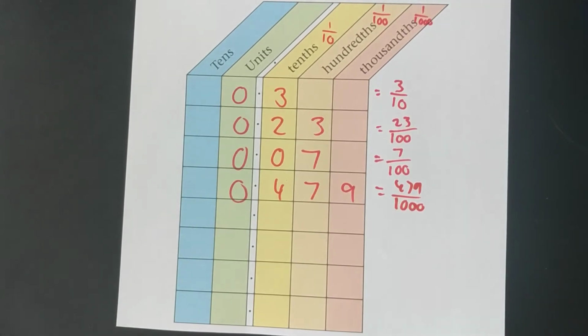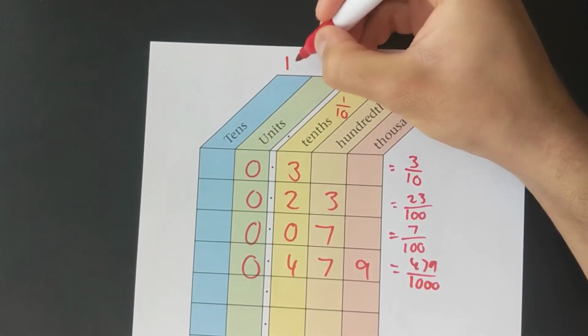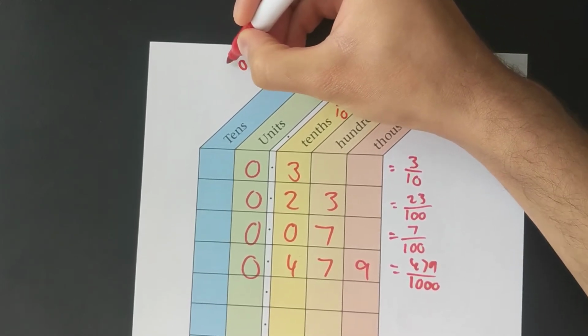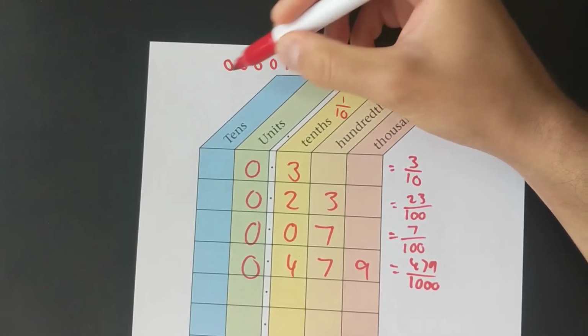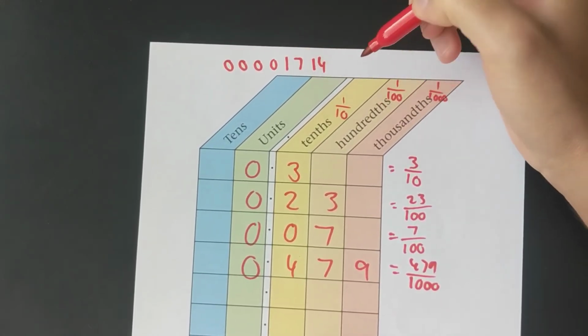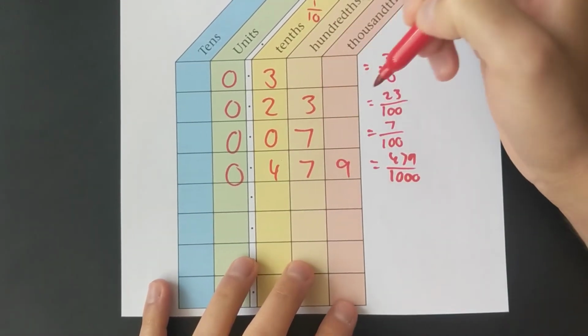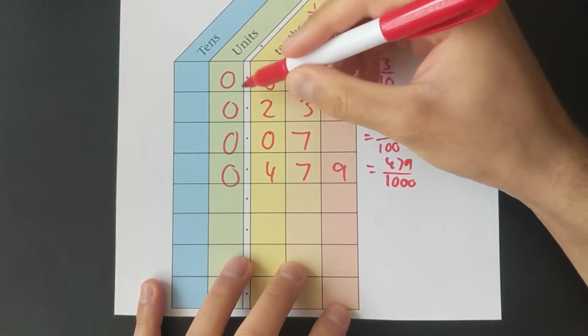Something else that I need you to be very aware of with this place value. Similarly, if I have, I don't know, the number 1,714, if I wrote some zeros over to the left, these are called preceding zeros, these don't change the value of the number. This is still 1,714. Similarly, with decimal places, if I add zeros here, that doesn't change the value of this.